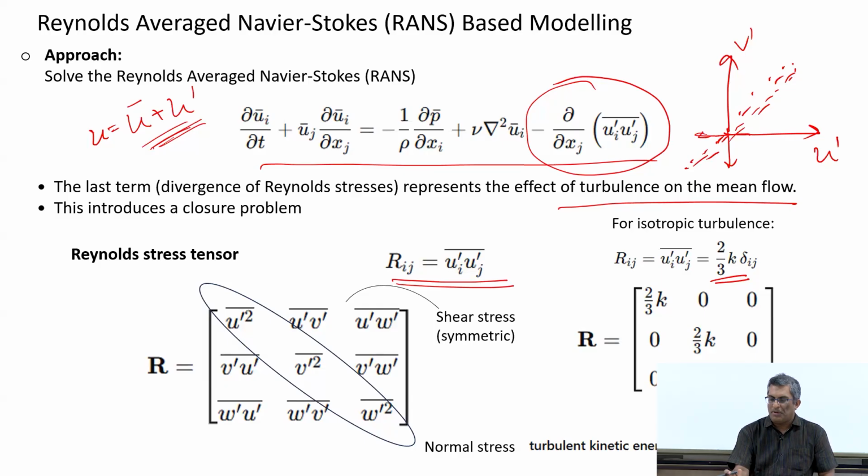Now imagine I rotate this by 90 degrees in the anti-clockwise direction, such that now I have this as U and this as V. If I now calculate the Reynolds stress term u'v', then that should be equal to what I have got here.